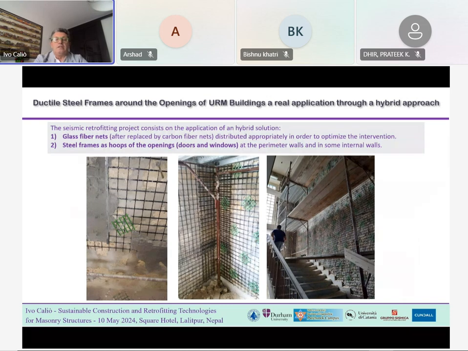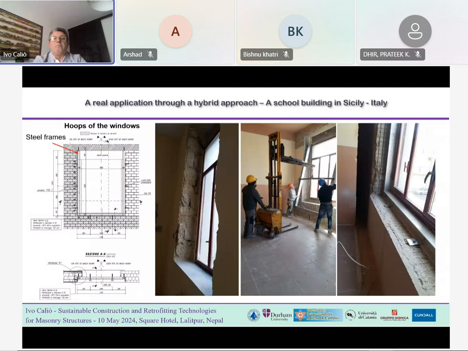This strategy has also been adopted in a real case in combination with a glass fiber net, so in combination with the CRM retrofitting strategy, and this has been applied in a real school building in Sicily, in Italy, in which both the ductile steel frame around the opening and the CRM retrofitting solution have been adopted.